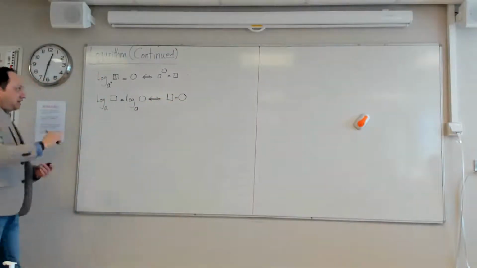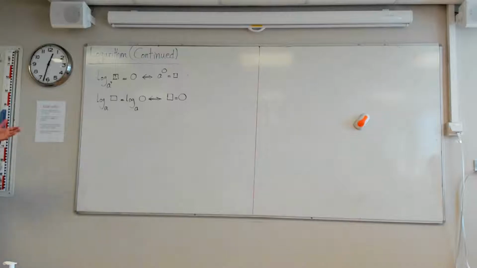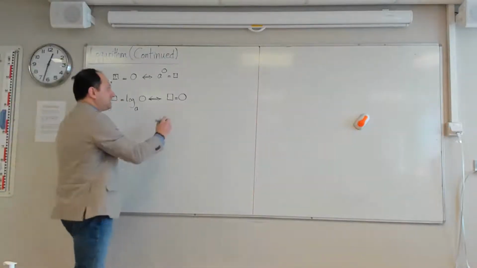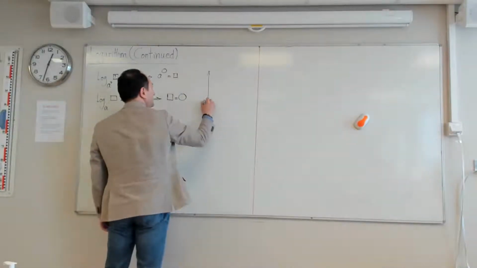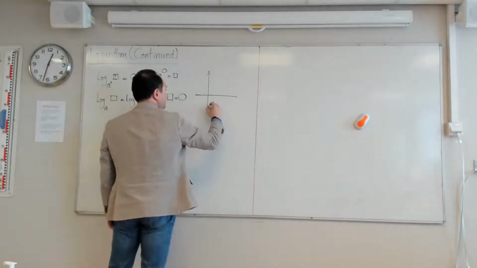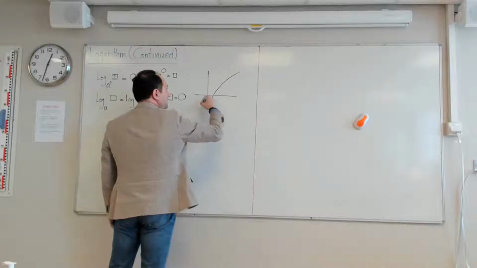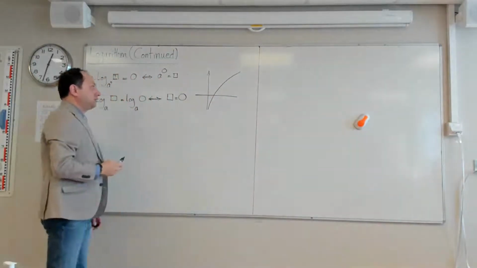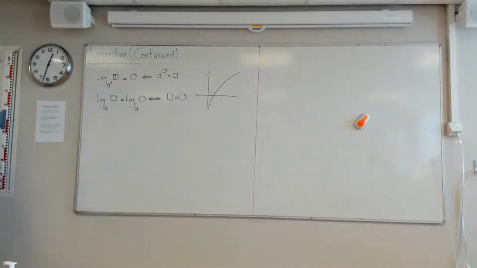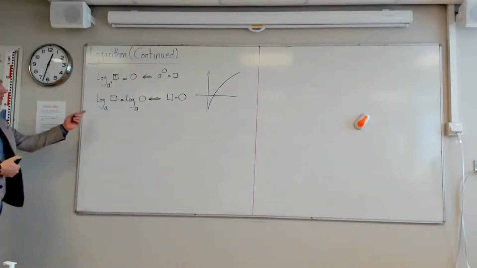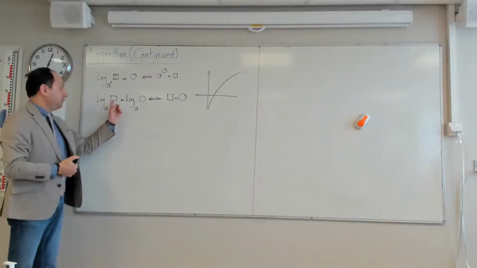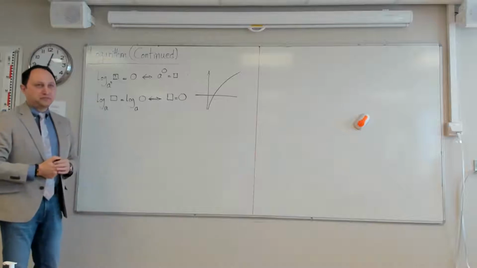The graph of this logarithmic function, if A is greater than 1, looks something like that. Whenever I draw a horizontal line, I will have exactly one intersection point, so there are no chances. If two logs with the same base are equal, this cannot happen unless these numbers are equal. Then it's injective.